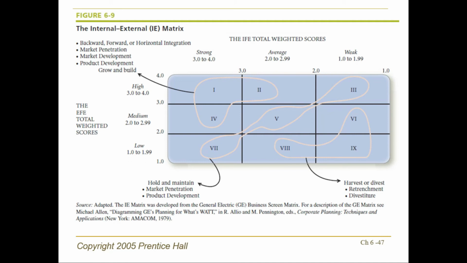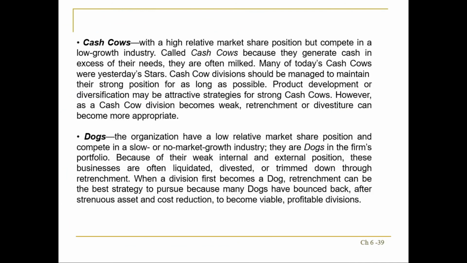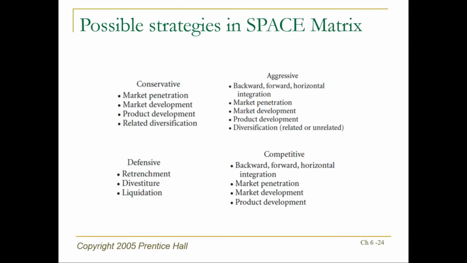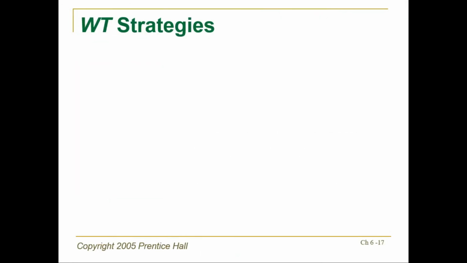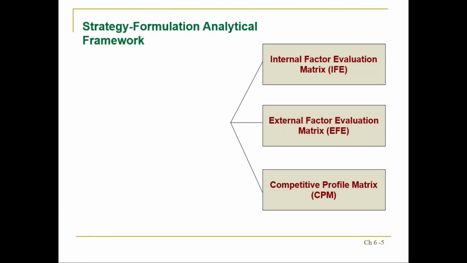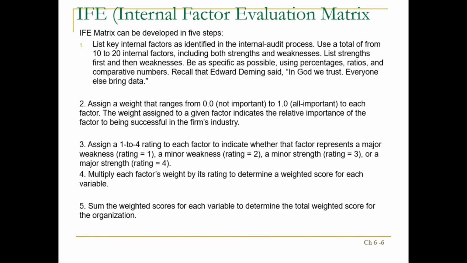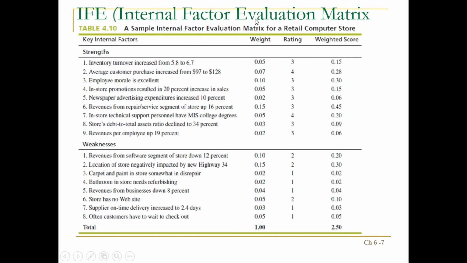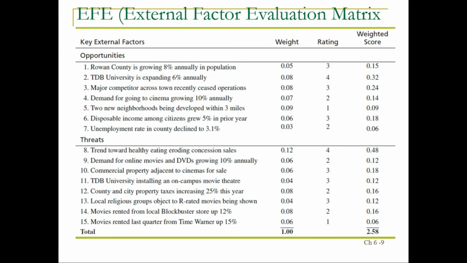If you remember, in the initial phases we explained in the previous lectures the internal evaluation matrix, where the total was 2.5, and how we have done it you know very well. Similarly, in the next phase we explained the external factor evaluation matrix with a total of 2.58.